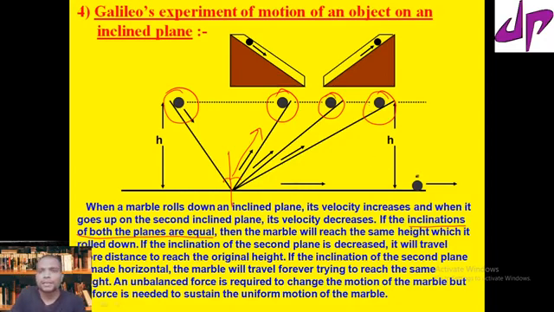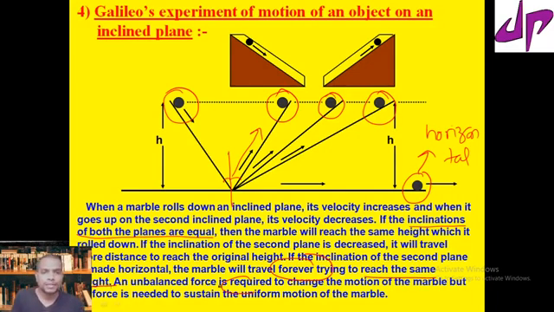Finally, if you make the inclined plane horizontal, the marble will travel forever, trying to reach the same height. So from the observations, Galileo made a conclusion that an unbalanced force is required to change the motion of the marble.